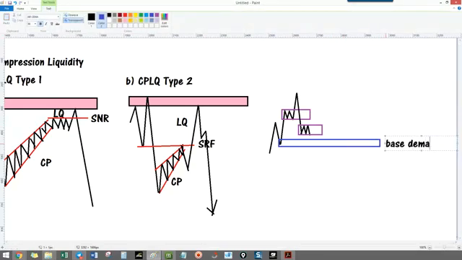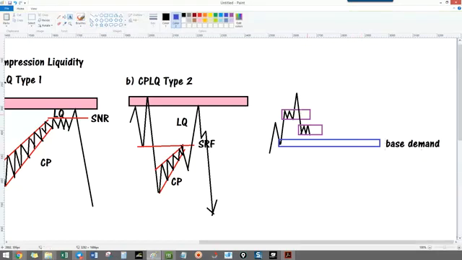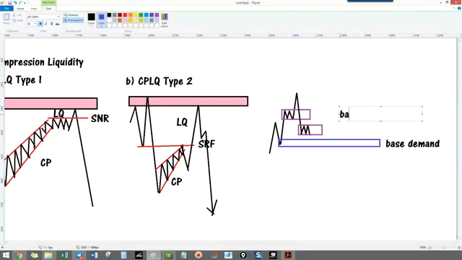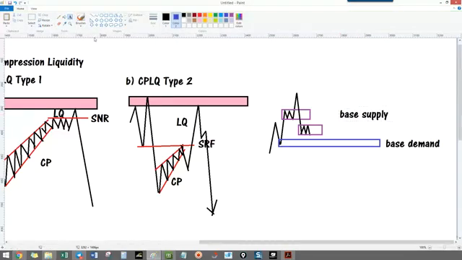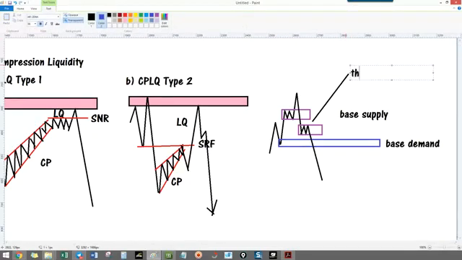Base demand. Base supply. When it breaks here, it becomes FTR after breaking the base or demand.